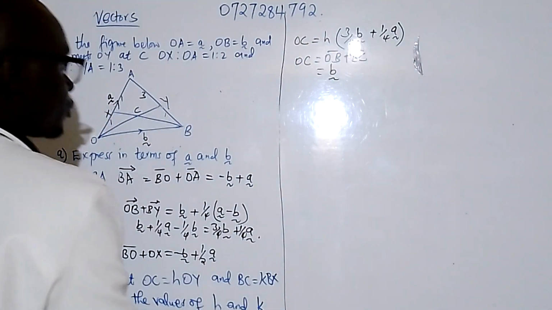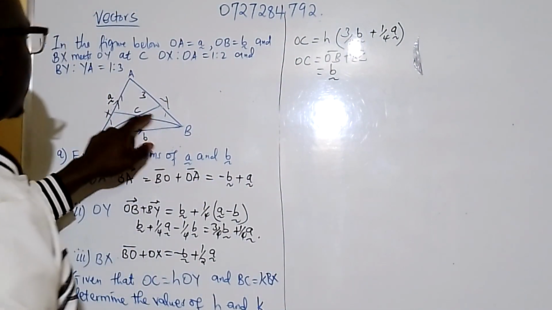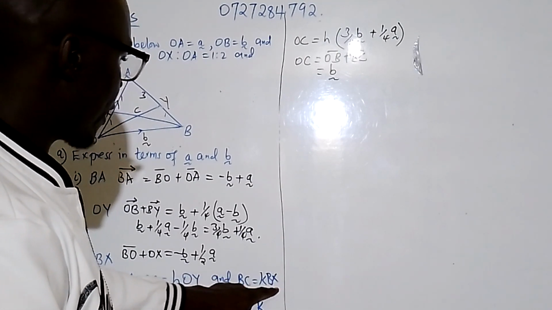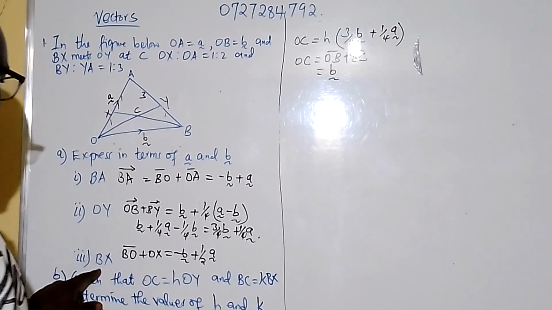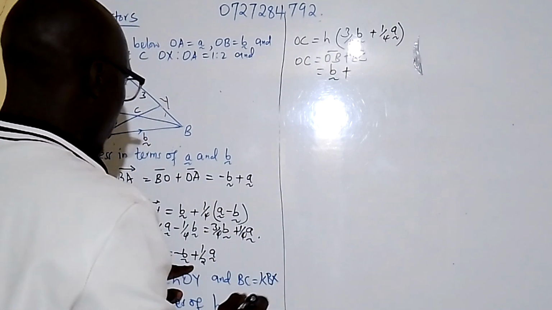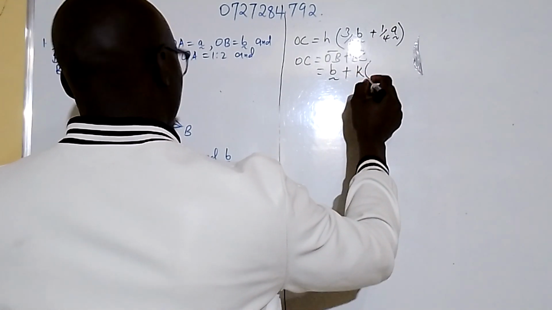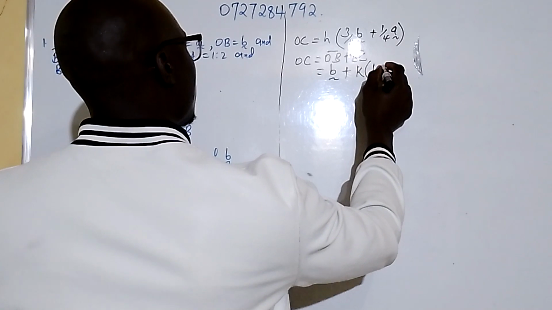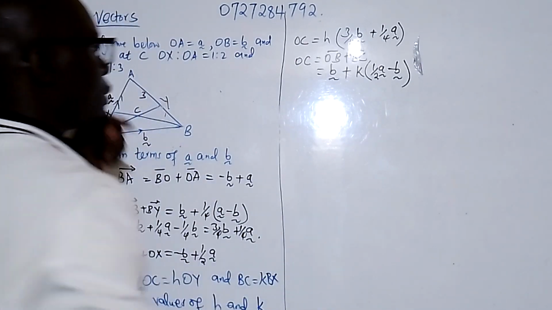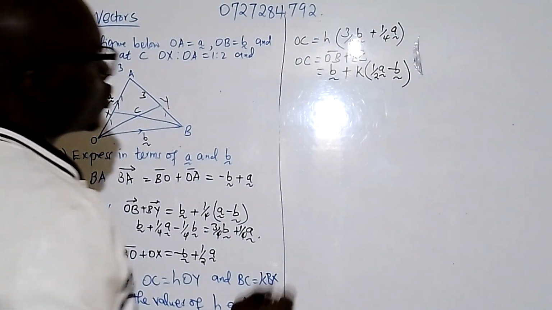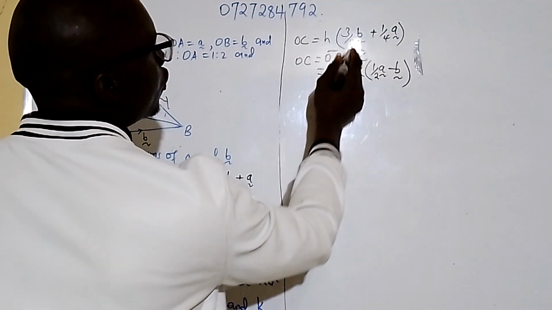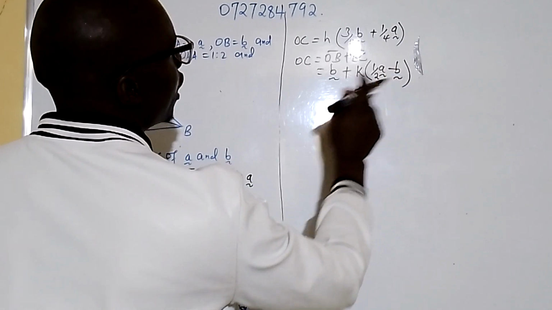BC, we are told BC is equal to K BX. And BX we have here. So plus K into a half vector A minus vector B. Very good. So we can open OC, so this becomes equal to that.